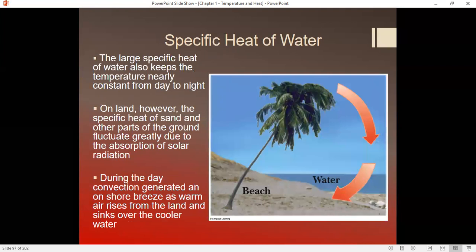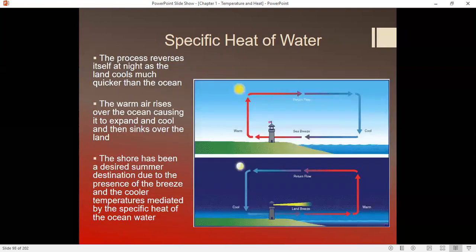This also leads to a constant breeze. Okay? During the summertime, where the ground gets very warm, the air rises due to its lower density and flows out over the ocean. The ocean air cools the air, causing it to become more dense and sink.